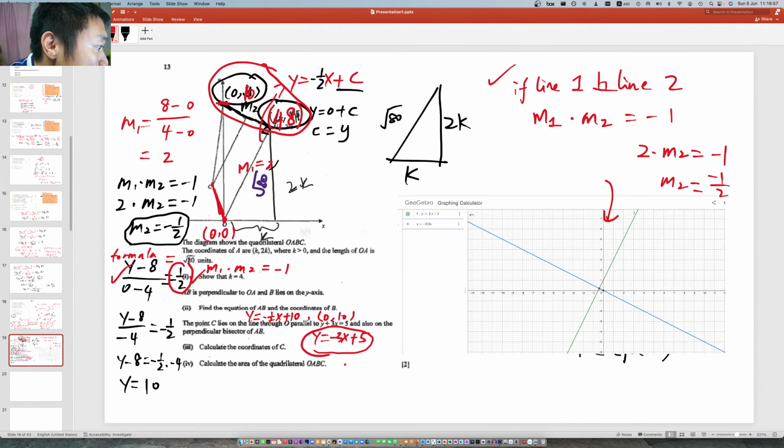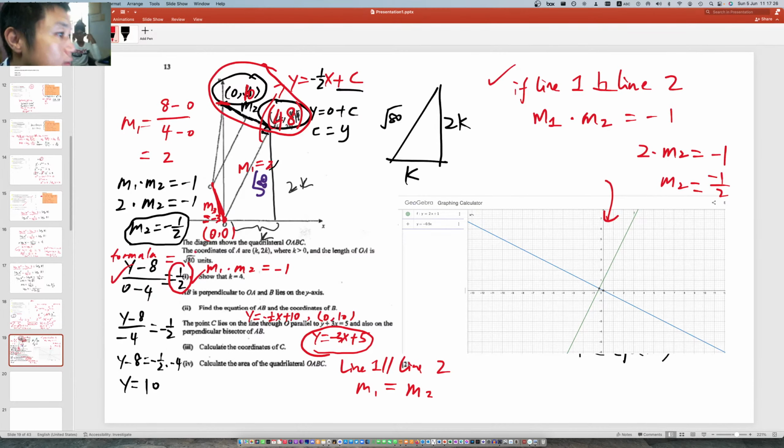So parallel means if line 1 is parallel to line 2, gradient 1 is equal to gradient 2. This is another concept. So therefore the gradient is minus 3 for this line. That means the gradient for this line, this OC, I call this M3, is negative 3.